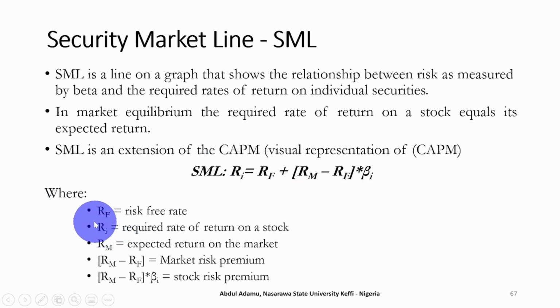Like I explained earlier, this is the risk-free rate, this is the required rate of return on the market. The difference between that and the risk-free rate is the market risk premium, and if you multiply the market risk premium by the beta of the individual security, it becomes the individual stock risk premium.